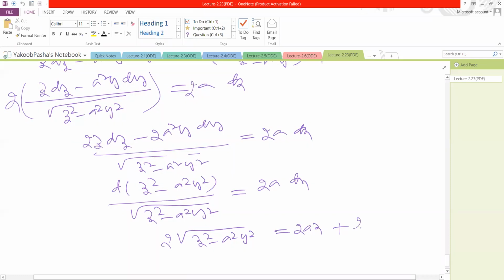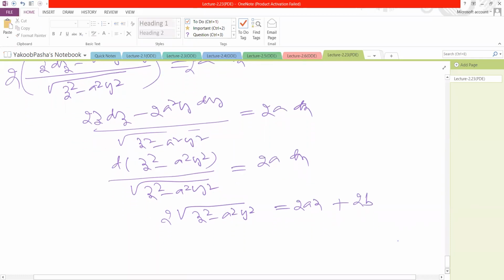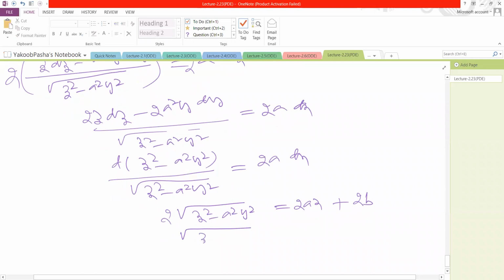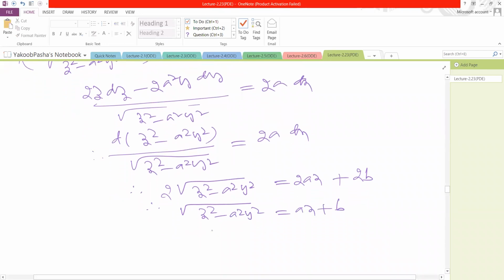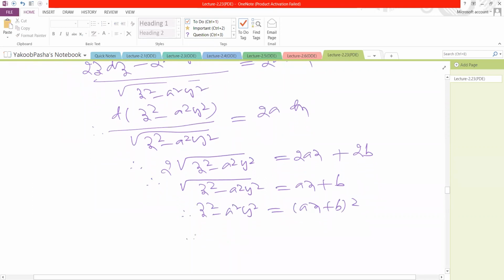You may take it as b also, to cancel the 2 value. So under root of z square minus a square y square is equal to ax plus b. Squaring on both sides, therefore z square is equal to a square y square plus ax plus b whole square. This is the real question.